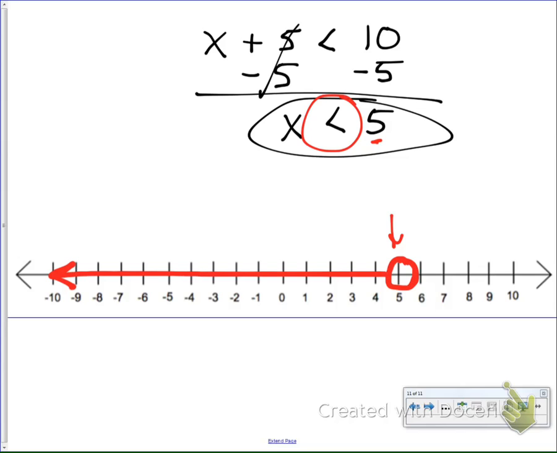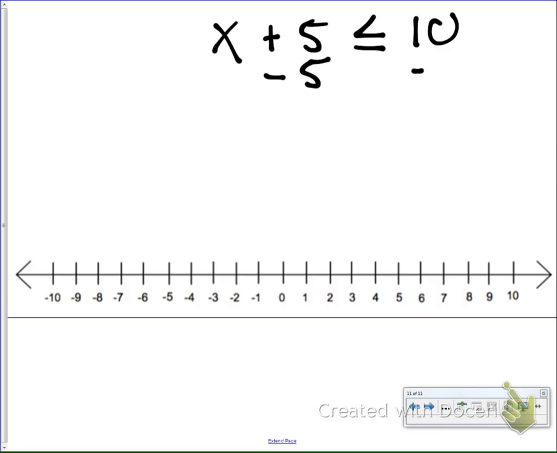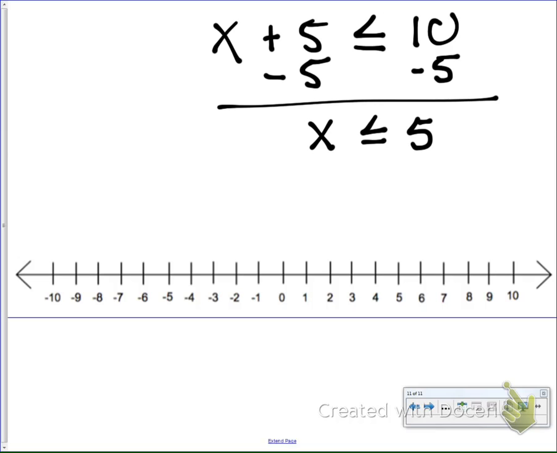Okay. Now, it's a little bit different if I have a less than or equal to. So say I have an equation that looks like this. Let's use the same equation, x plus 5, but this time it's less than or equal to 10. Again, I solve it the same way, subtract 5 from each side, and I have x is less than or equal to 5. Now again, since my answer is 5, that tells me to start right here on the number line.